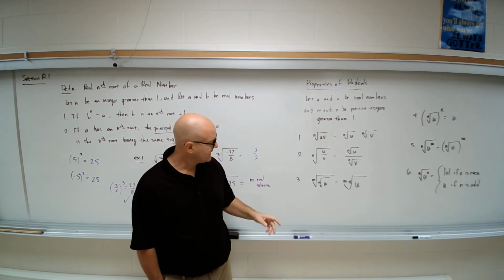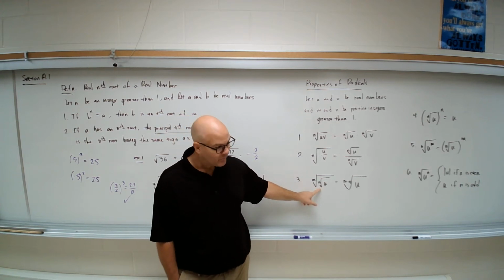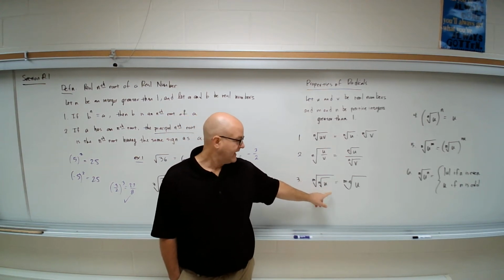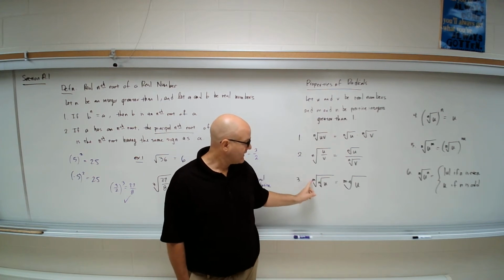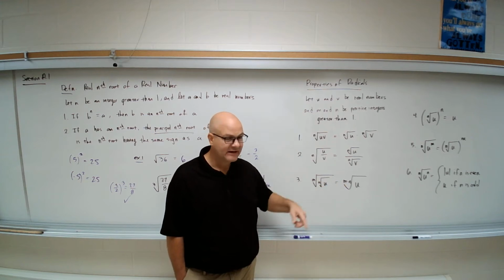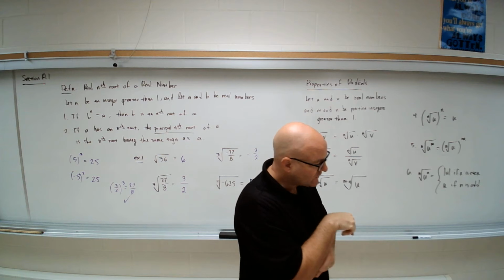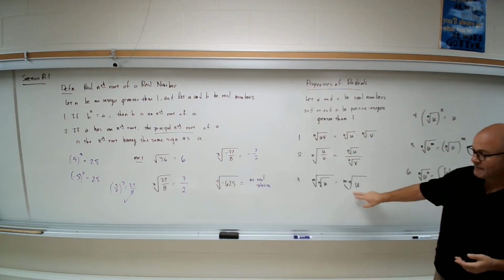I don't know if I'd ever seen it written this way, but it says if you have the mth root of the nth root of u, it just becomes the product of whatever the 2 indices were. So the m and the n, you just multiply them together. That's going to be your new index on the root. Once we start to talk about rational exponents, I think that makes a lot more sense.